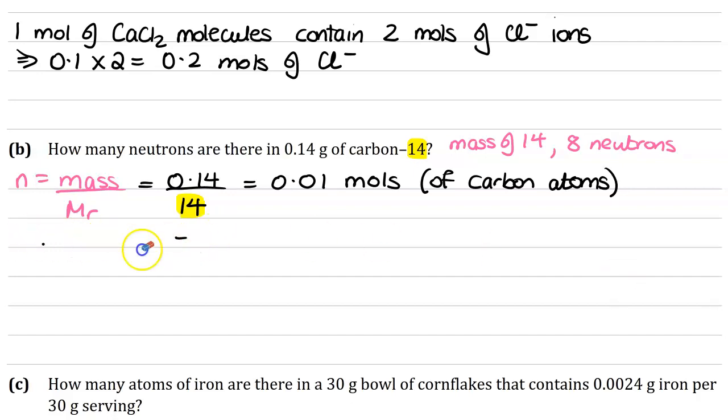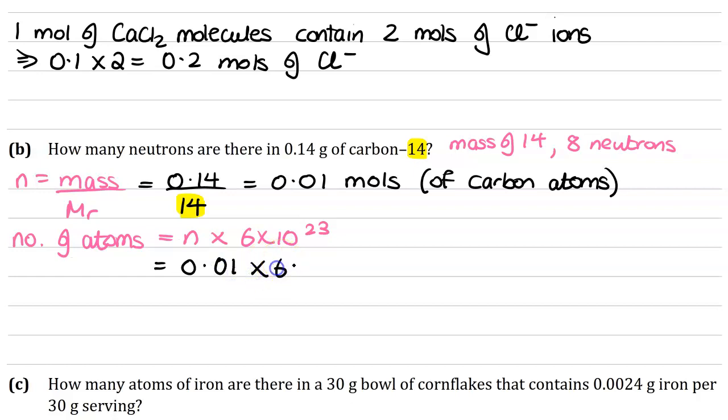I should be writing this in red because it's our formula, just to make it stand out. So the number of atoms equals n multiplied by Avogadro's constant, which is 6 by 10 to the 23. So we have then that n is 0.01 times 6 by 10 to the 23, and that's going to give me 6 by 10 to the 21 atoms. Now, like we just said at the start, each one of these atoms of carbon-14 contains 8 neutrons.